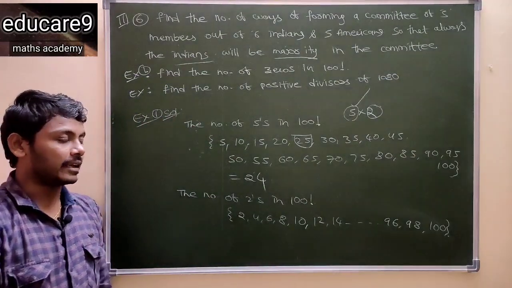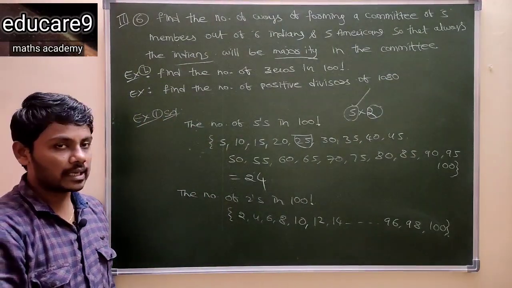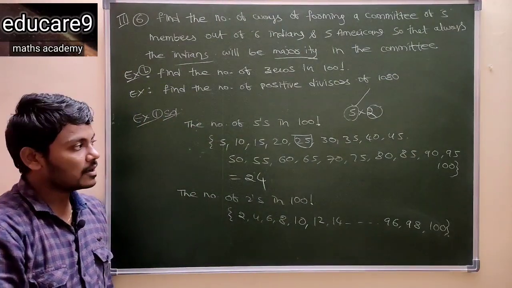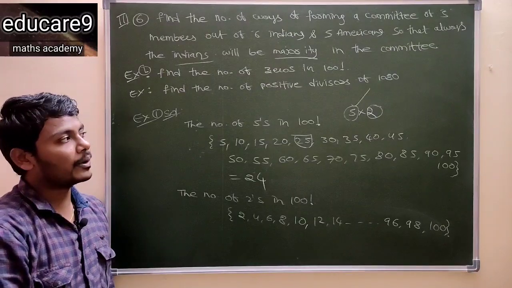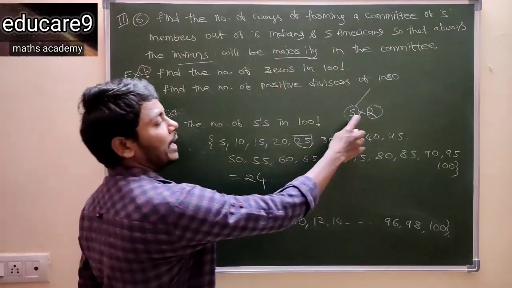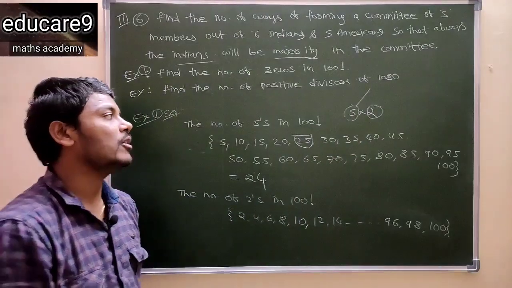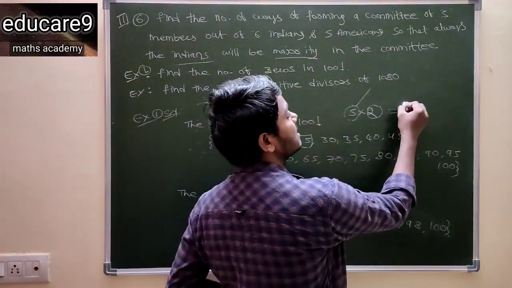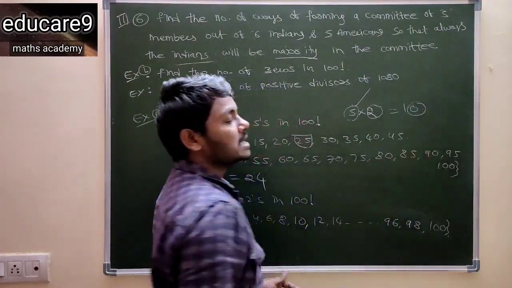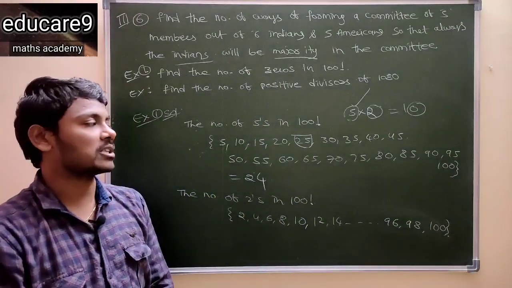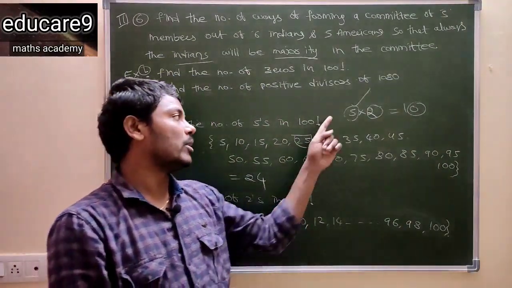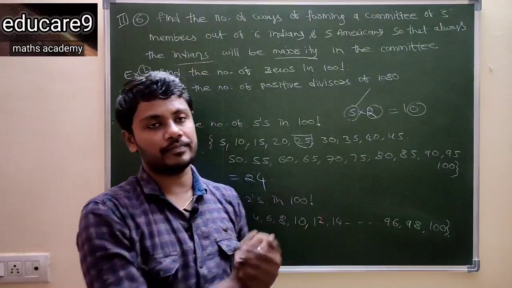So these are the 2's in 100 factorial. Here you need to take the combination of 5 and 2, because 5 times 2 is 10, so it gives a single zero. That's why you have to consider the number of combinations of 5 and 2.